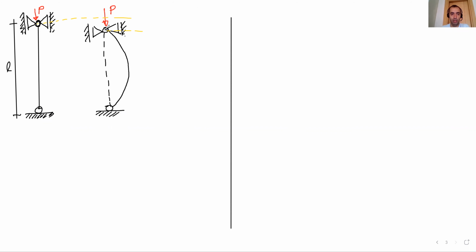When it goes down, our structural member gets this curved shape. This shape is again neutral equilibrium.